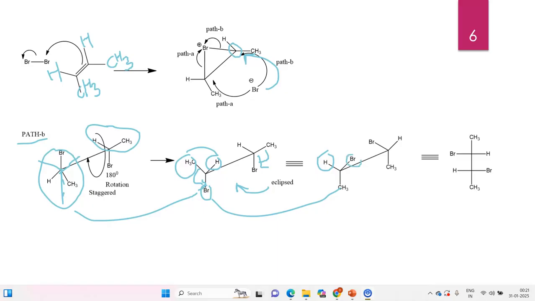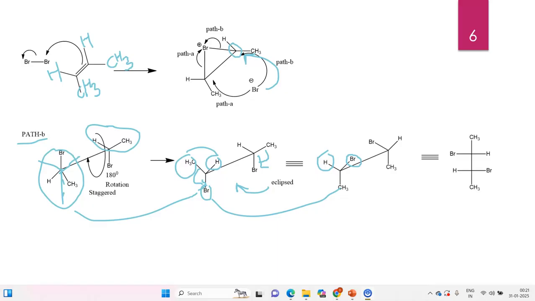Next, this CH3 will be at this position, this H at the bromine position, and this bromine at the H position.